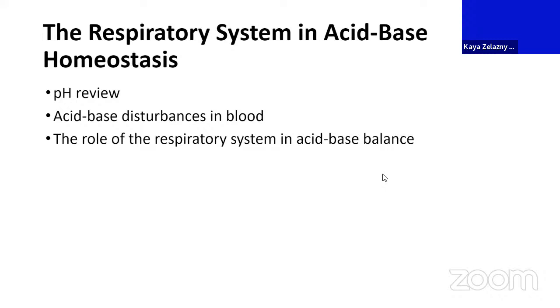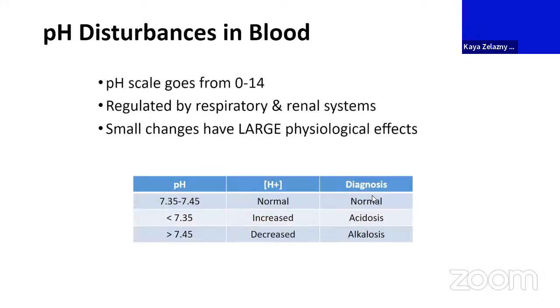Okay, so we're going to think about what pH is, like how we have blood pH. We're going to think about how we can disturb that pH, right? So how do we get it in a bad range? And then how can we fix a pH that's outside of our desired range, either using our lungs or using our kidneys?